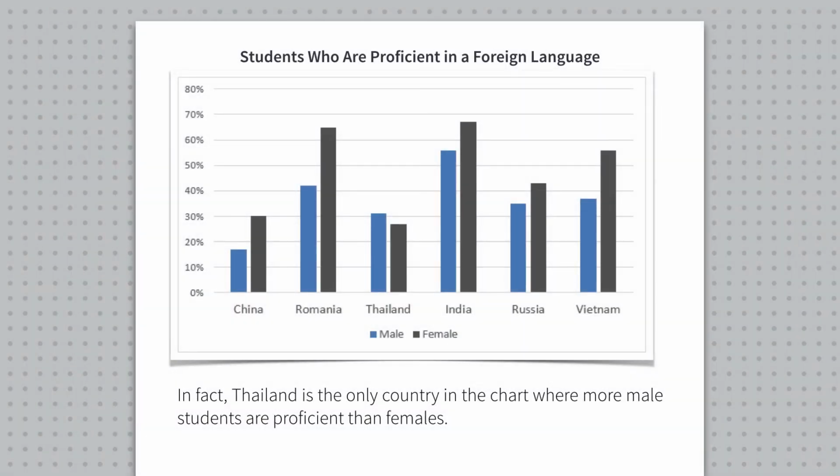But importantly, you must make it clear that it is an exception to the trend. So here we said Thailand is the only country in the chart where more male students are proficient than females. So we stated our main idea, our trend, and now we followed that up with specific examples, and we've mentioned that there was an exception to it.